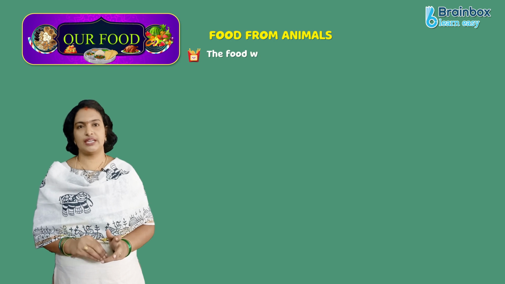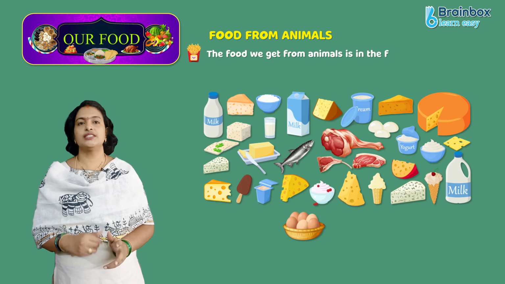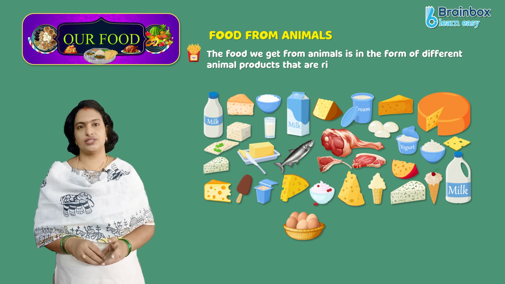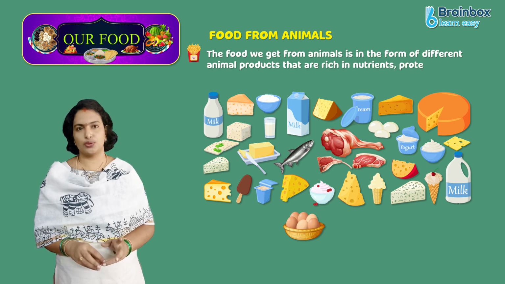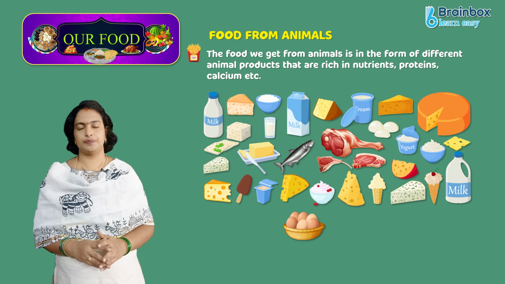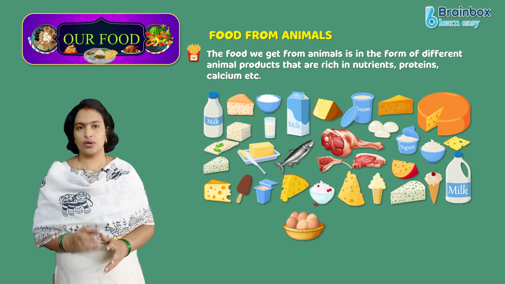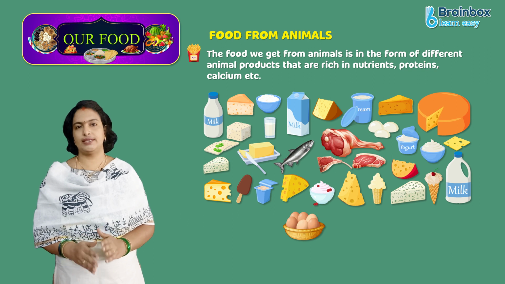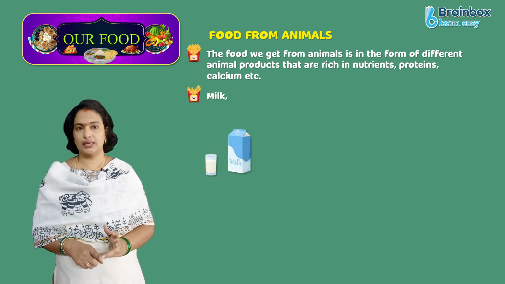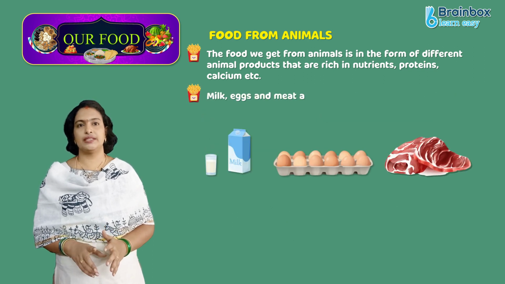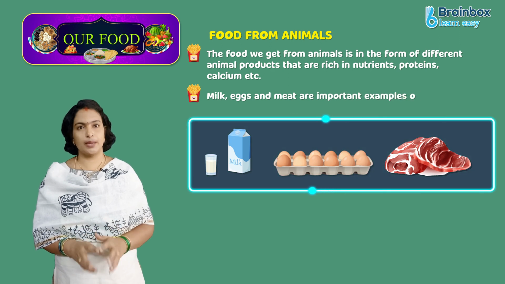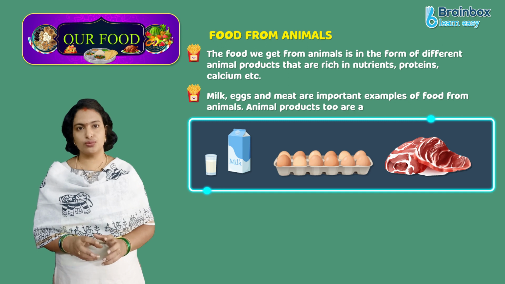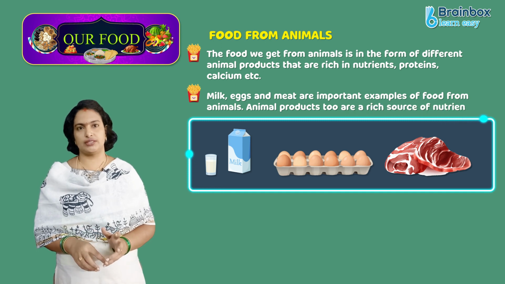So the food we get from animals is in form of different animal products that are very rich in nutrients, proteins, calcium, etc. So animal products are also used as food directly or indirectly. Milk, eggs and meat are the important examples of food from animals. So animal products too are a rich source of nutrients.